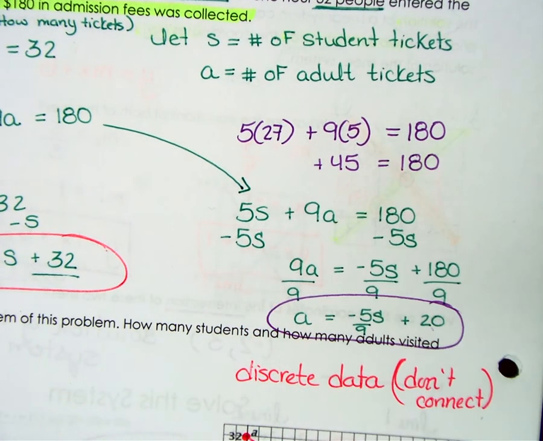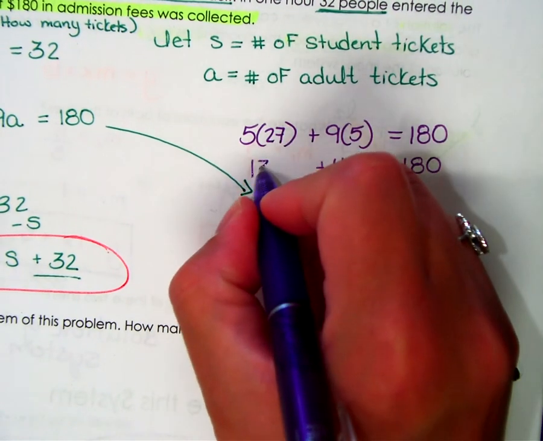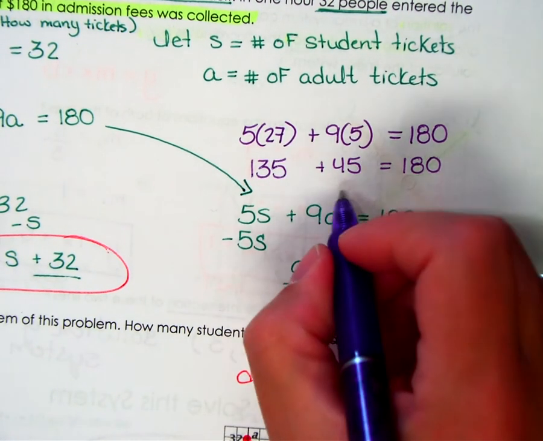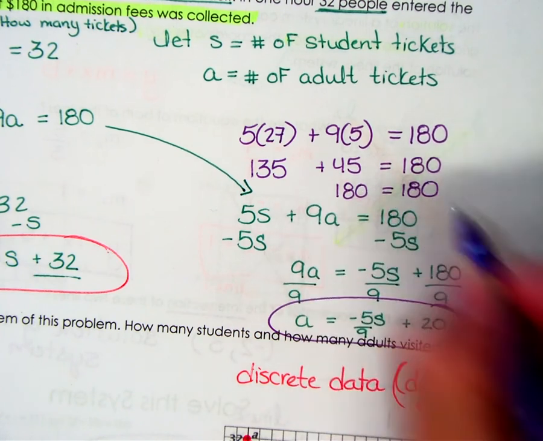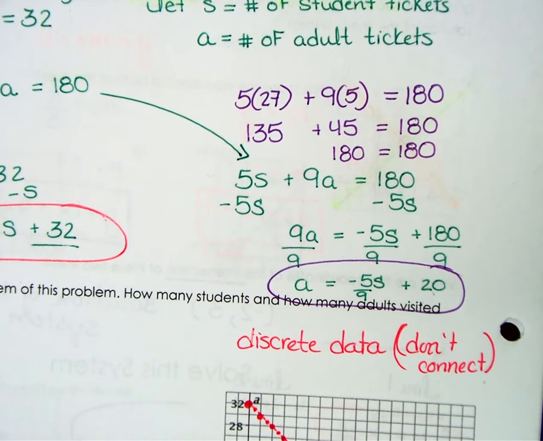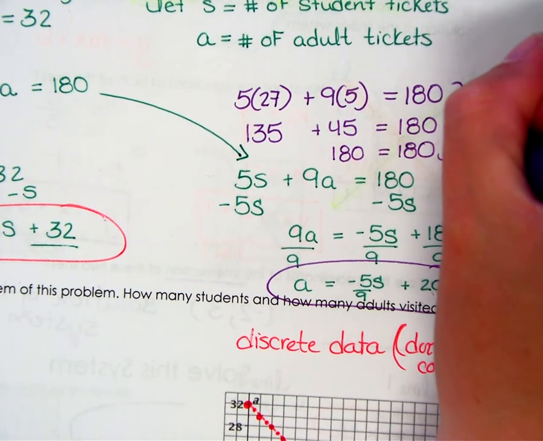What's 5 times 27? 135 plus 45, which is the equivalent of 180. It actually works. It does. So we know that it works in both equations, so that's a good answer. So we can check it once we think we know what our answer is. So that here is a check.